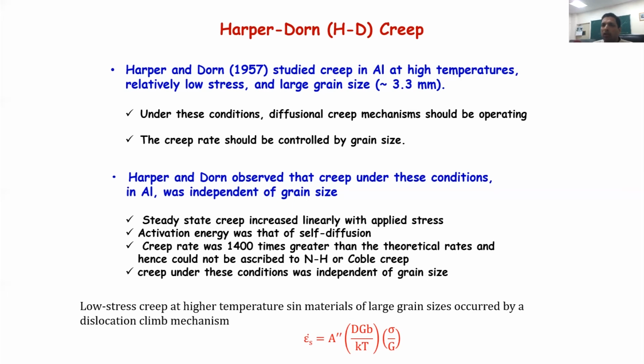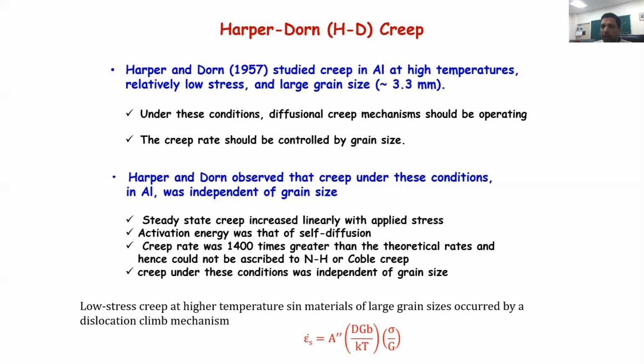And the creep rate was 1400 times greater than the theoretical rates that would have been calculated using Nabarro-Herring or Coble creep. So this clearly means that this is not an NH or Coble creep type of diffusional creep mechanism. Moreover, what they found was that creep under these conditions was independent of grain size. So this was certainly not diffusional creep.